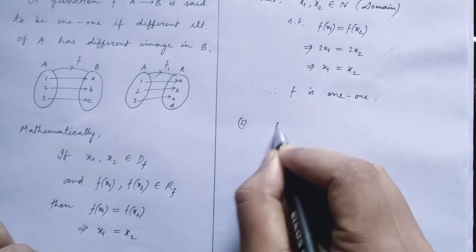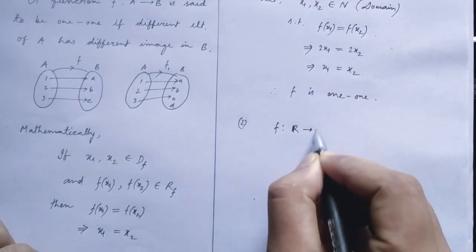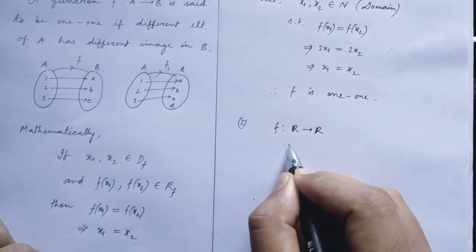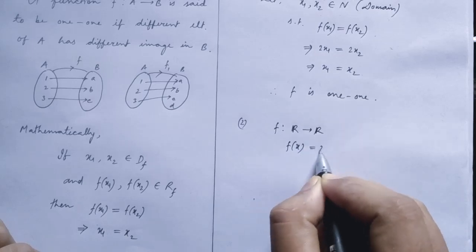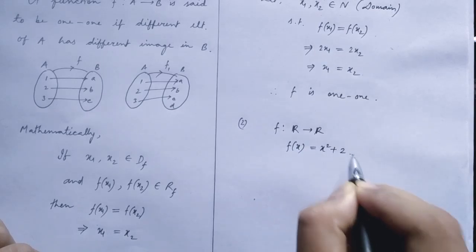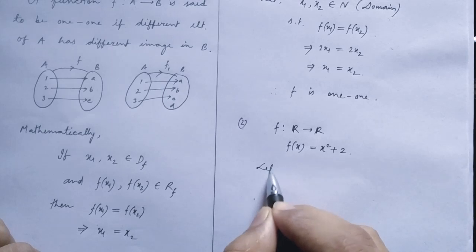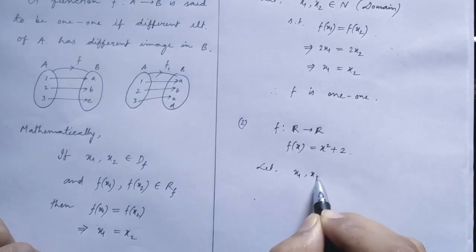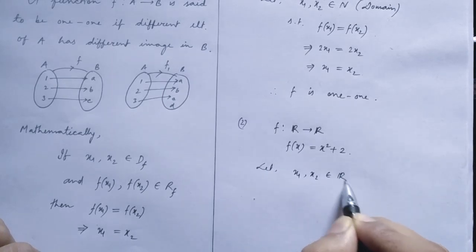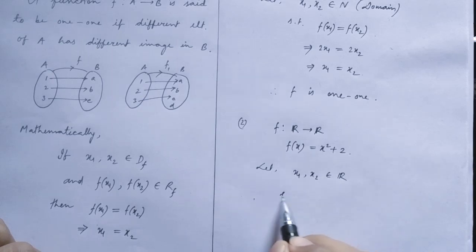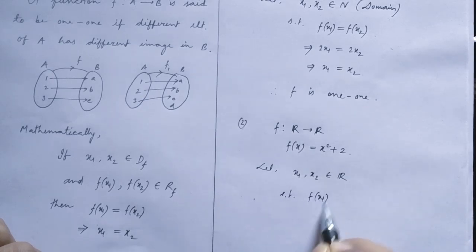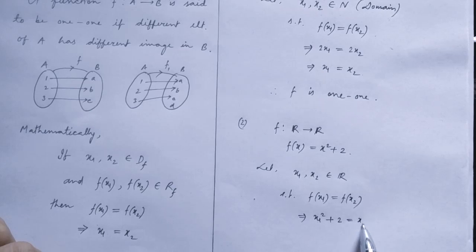Okay, I give you another example. Number 2, f from R to R and f of x equals x square plus 2. So let x1, x2 belong to R, such that f of x1 equals f of x2. This implies x1 square plus 2 equals x2 square plus 2.